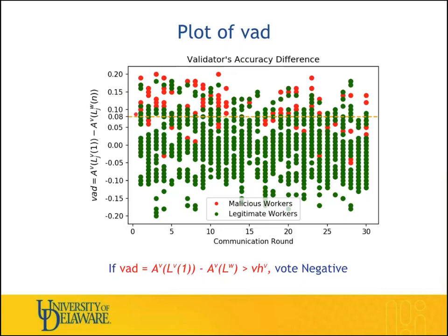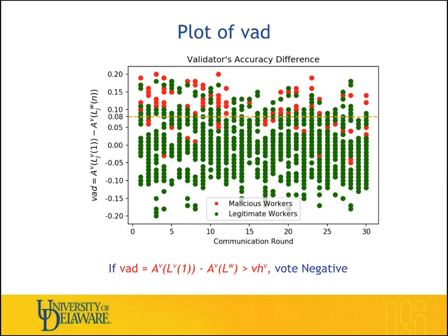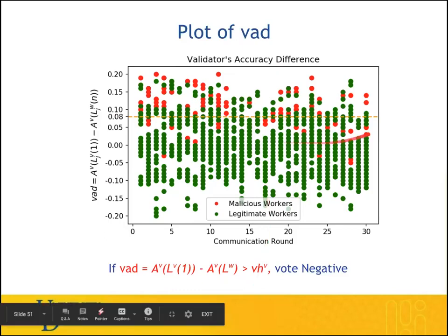So if we set this VH value to be 0.08 as the baseline of distinguishing malicious devices from legitimate devices or workers, the validators could effectively identify the majority of them, right? This y-axis is the VED value, and this line is VH.